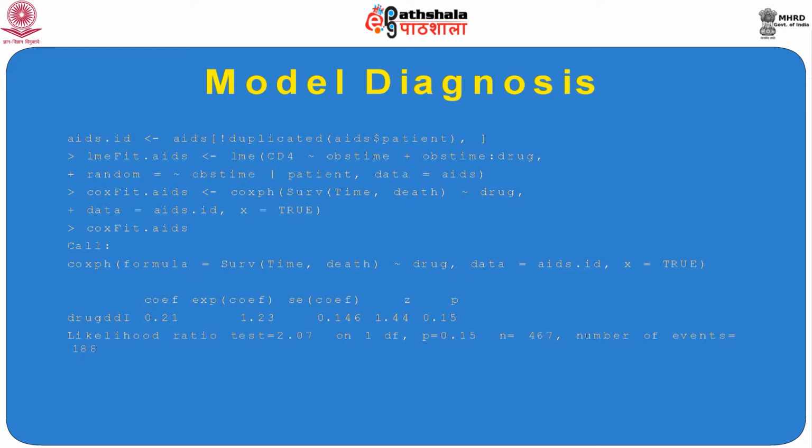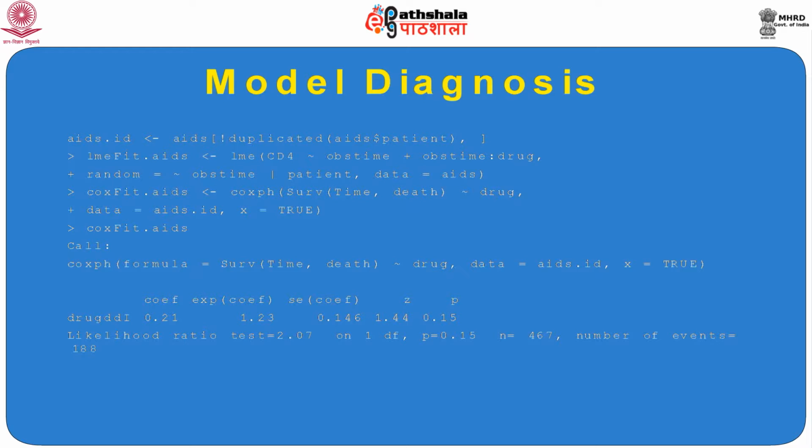Anyway, we are coming to the function called coxph, where we are using survival time and death status, trying to find out whether the drug treatments, that is DDC and DDI, have any different effect on the death status of these patients or not.